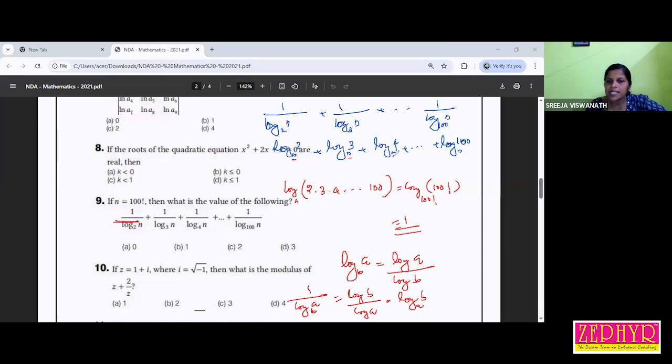Now the bases are same. So we can use the property log a plus log b plus log c, that is log of a into b into c. Here log 2 into 3 into up to 100 to the base n. Assume 1 into 2 into 3 etc. up to 100 factorial to the base n. n is given as 100 factorial. So if the base and the number are same, answer 1. Okay. Kritika.